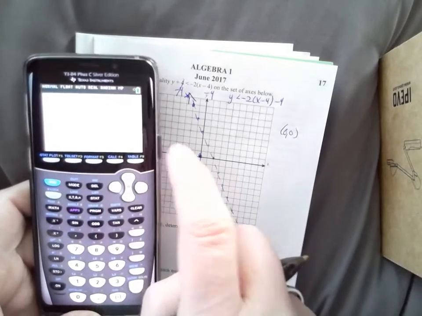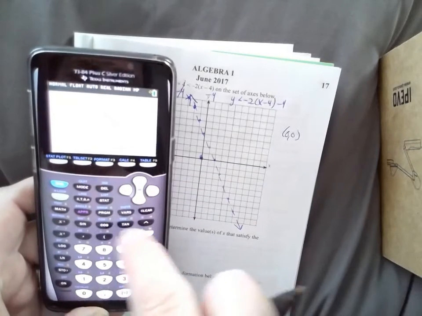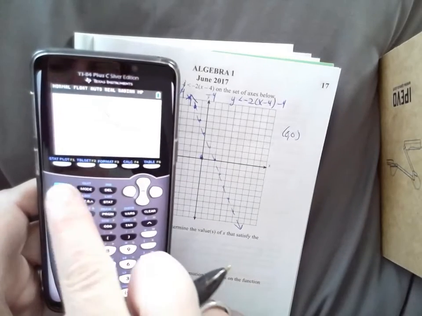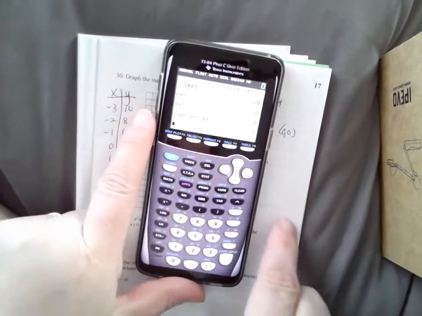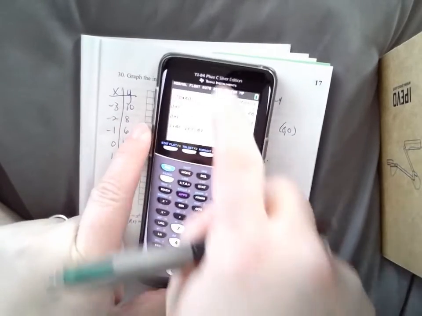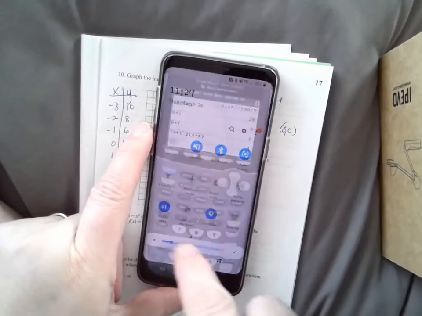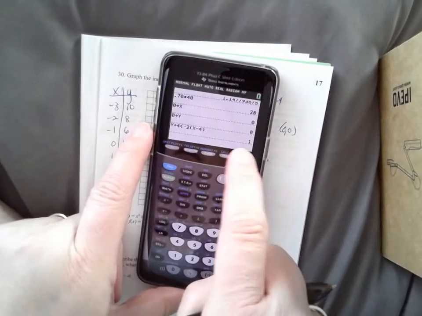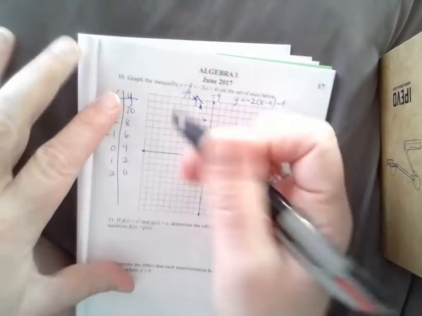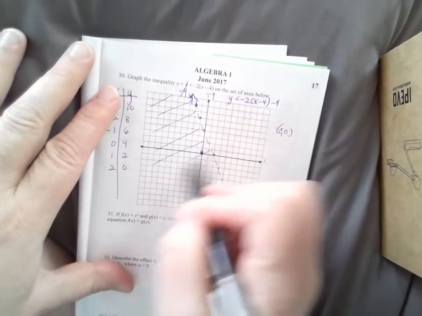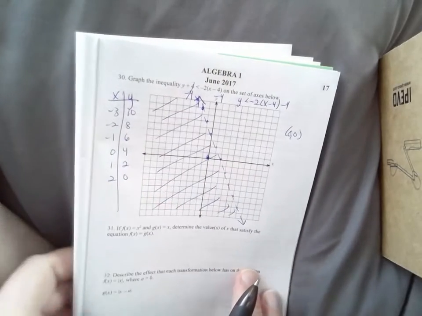There's a 1 there, which means it works. That means that it's on the side of all of them that work. One point is not going to work. The whole side is going to work.